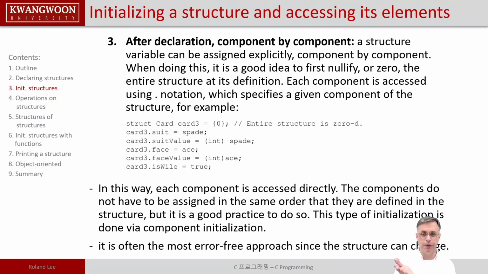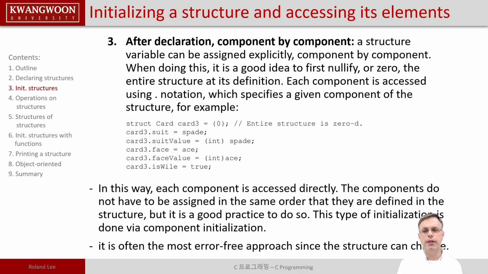And now number 3, after declaration, component by component. Lastly, a structure variable can be assigned explicitly component by component. When doing this, it is a good idea to first nullify or zero the entire structure at its definition.